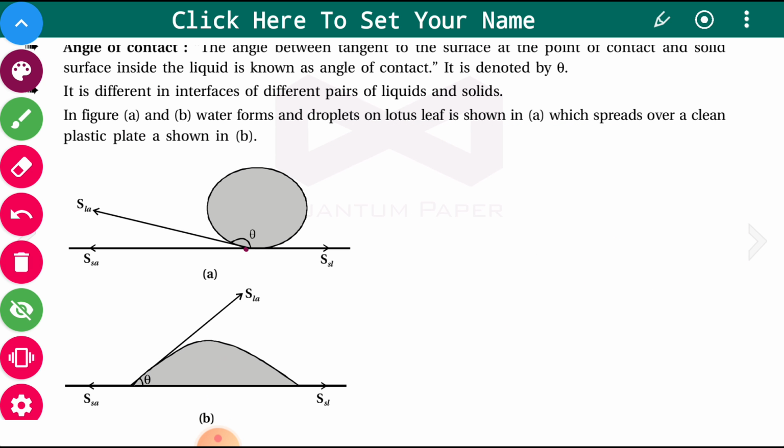On the lotus leaf we have this kind of droplet where the angle is an obtuse angle, while on the plastic plate it is an acute angle. So this way different angles are formed by the liquid which is in contact with the solid.